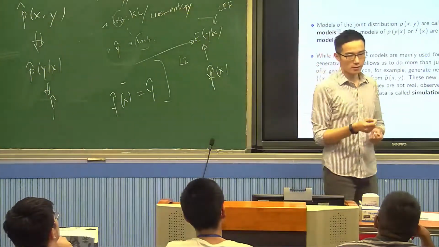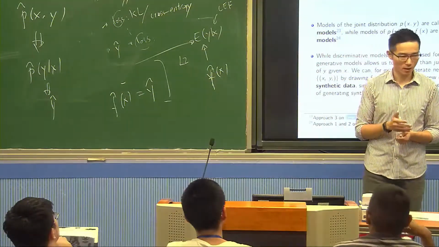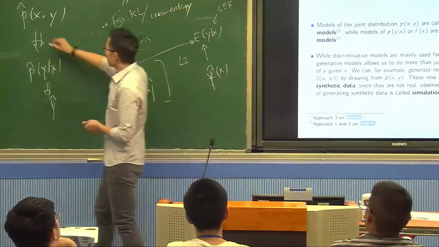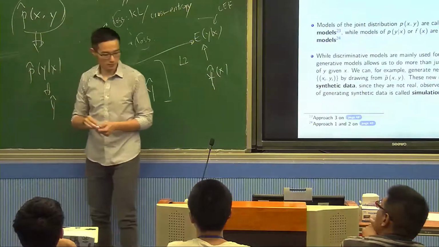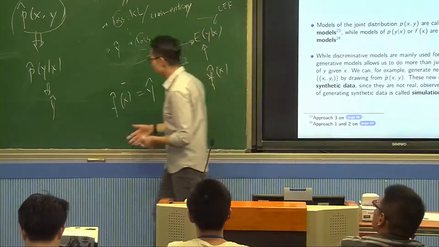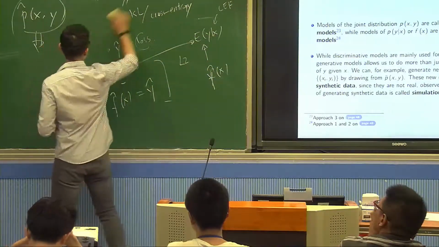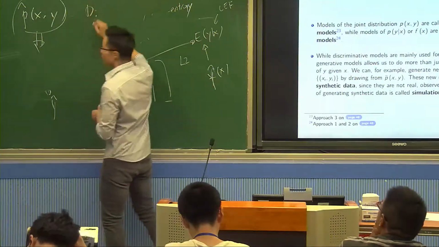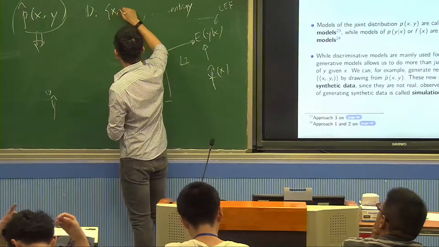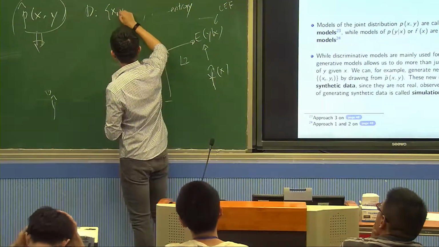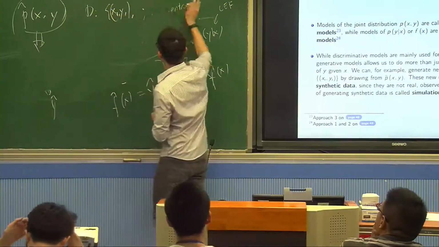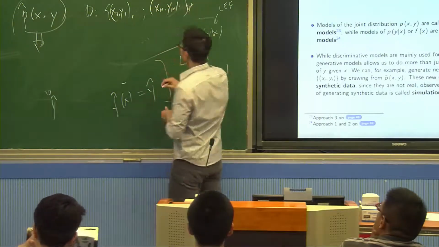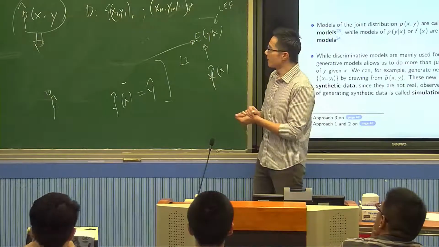One benefit of estimating a generative model is that once I have the joint distribution P(x, y), I can use it for simulation, meaning generate new data points. So suppose your observed data is x1, y1, all the way to xn, yn. Suppose this is your observed data, and that's all the data you have.